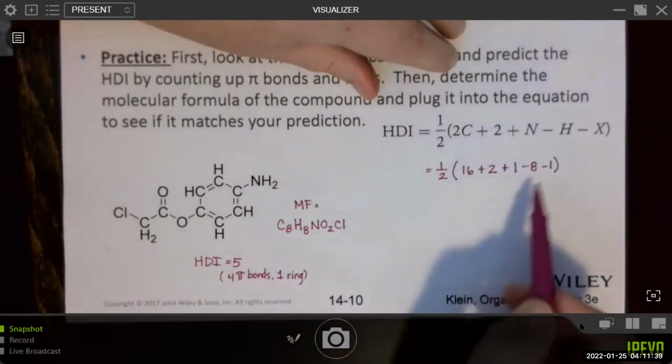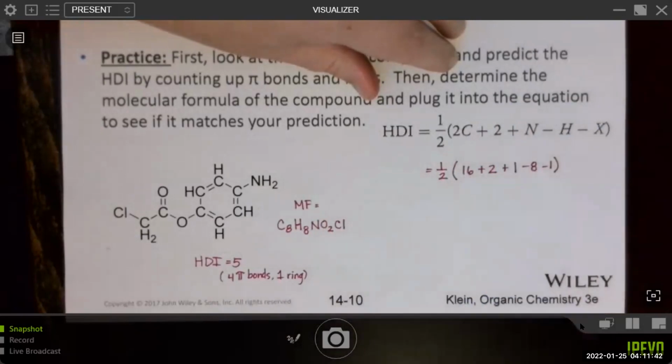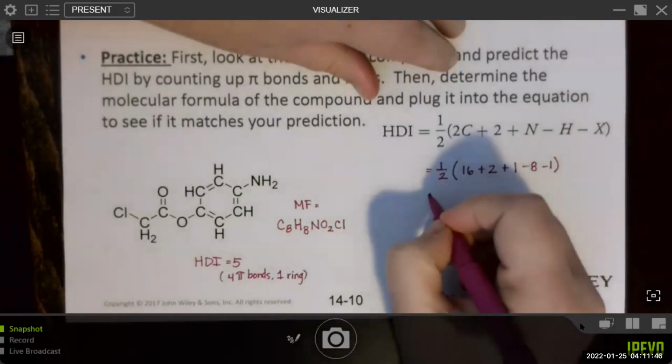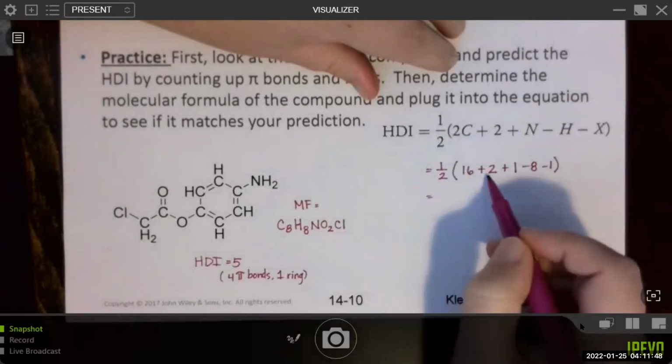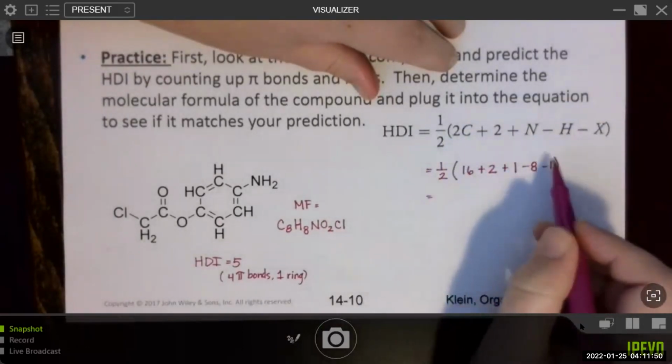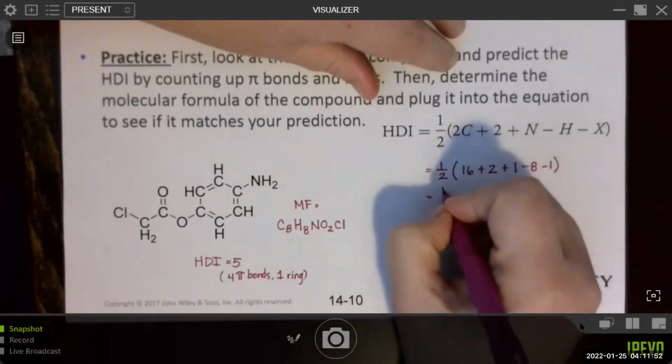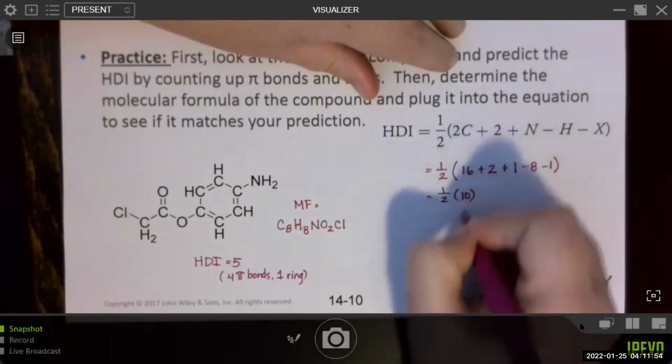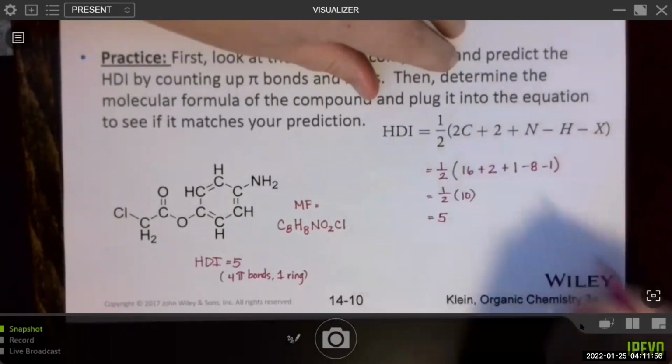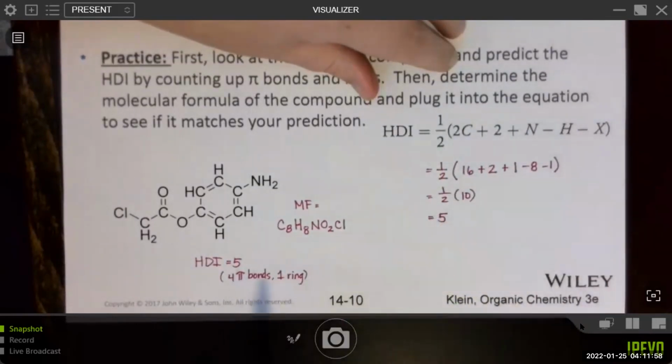Notice that the oxygen number didn't matter. It doesn't go into the equation because it doesn't change the HDI. So we have 18, 19 minus 9 would be 10, right? 1/2 of 10 is equal to 5. So it did match our prediction.